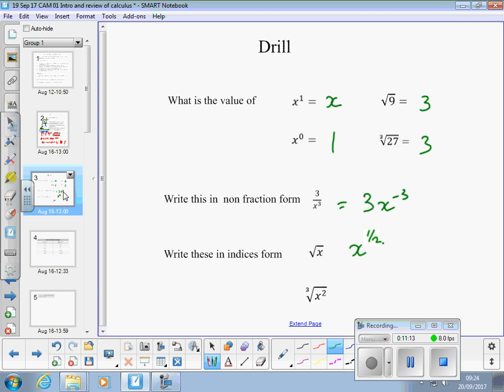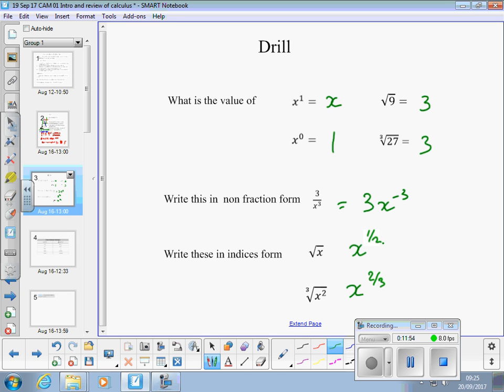X to the 2 over 3. Yeah. And with that one, if you remember, it's the number outside that's the denominator, and the number, the index inside, that's the numerator. Then you won't go too far wrong. So you think about the square root one, which doesn't have an index inside, it's the 2 that goes underneath.